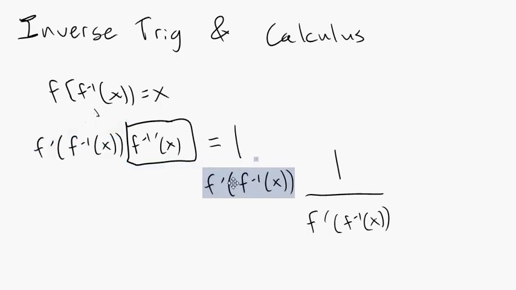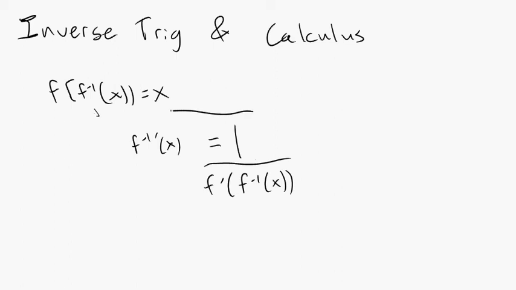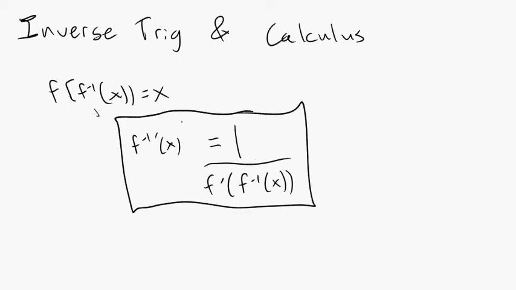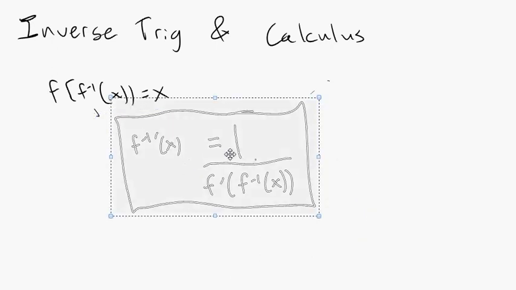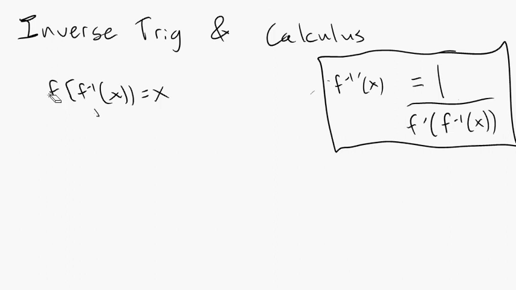So we'll just move this over here. And we'll see that what we figured intuitively was correct. So I'll box this formula, and I'll put that in the corner. And we'll use that to solve some inverse trig functions, although there are other ways we'll use too.